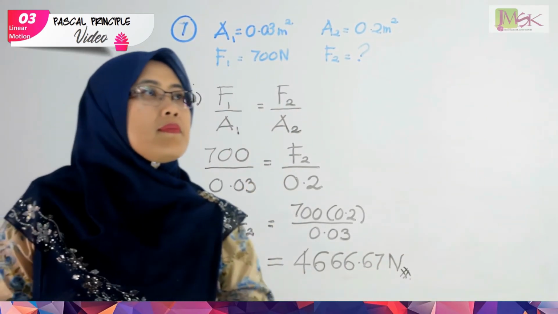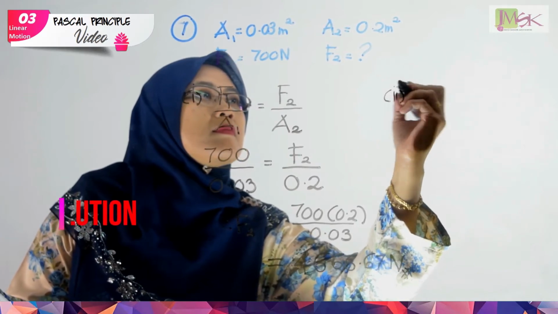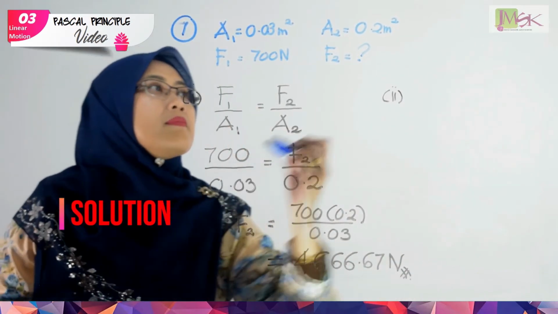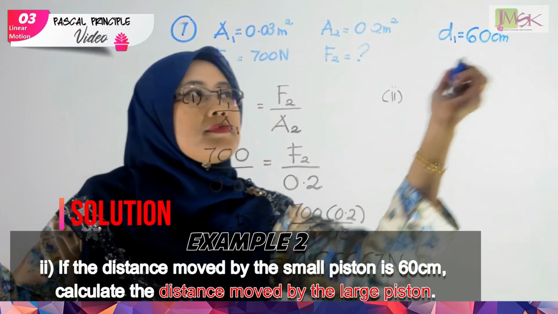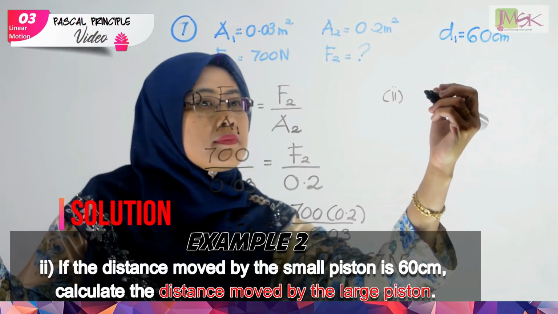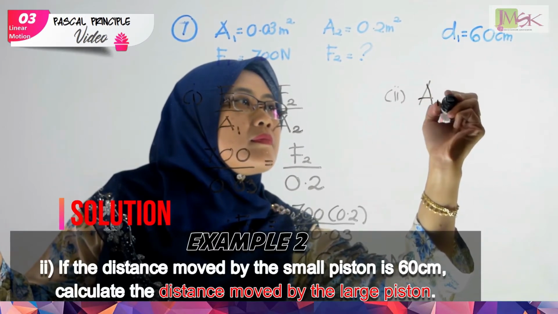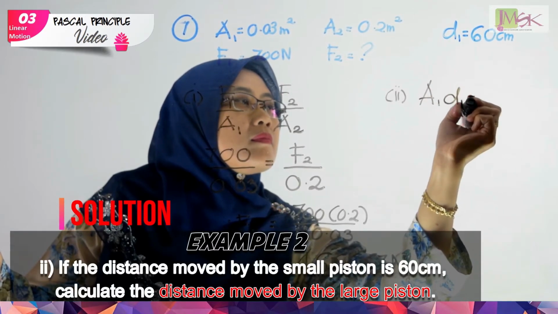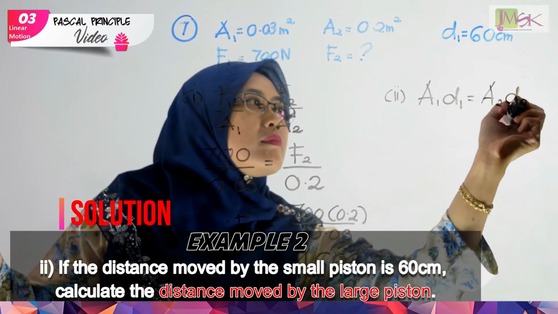For part 2, given that D1 equal to 60 centimeter. Part 2 wants you to determine the value of the distance moved by the small piston. We use the formula of A1 D1 equal to A2 D2.